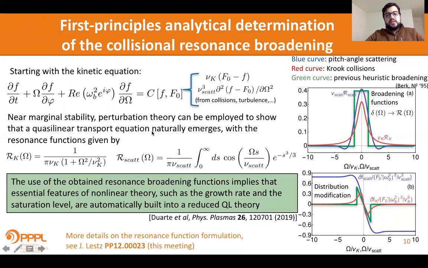And I'm not showing the analytic development, but in words, I can say that near marginal stability and under some circumstances that are common in tokamaks, we can exercise perturbation theory.